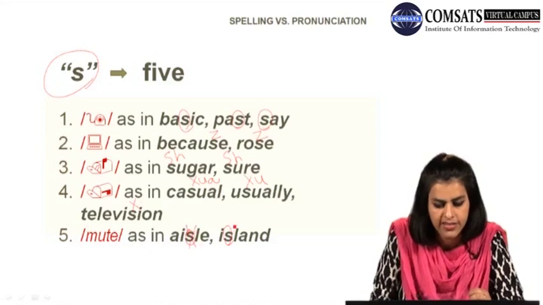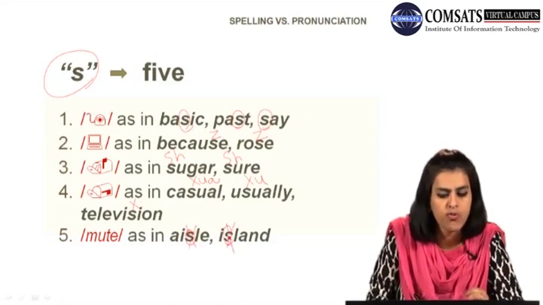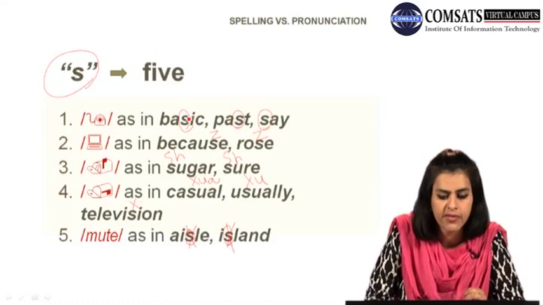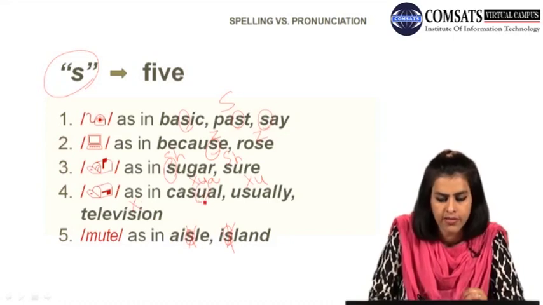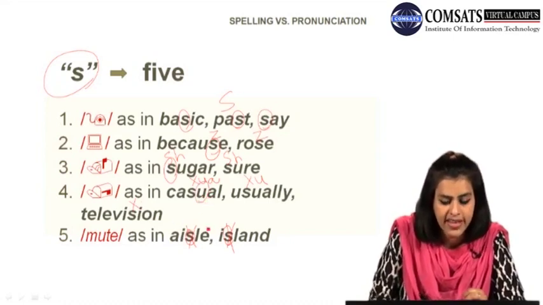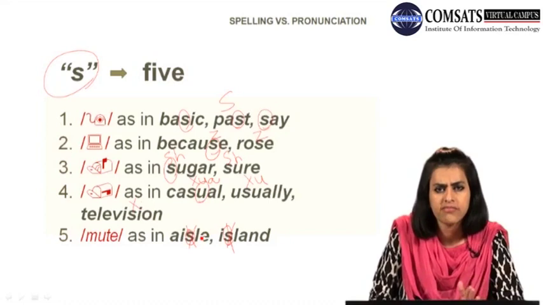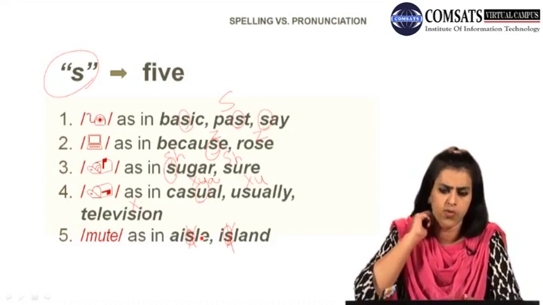So this is how there are 5 interpretations of one single S, starting with the sa sound, to the za sound, to the sha sound, to the za sound, and then S sometimes is silent in different words.